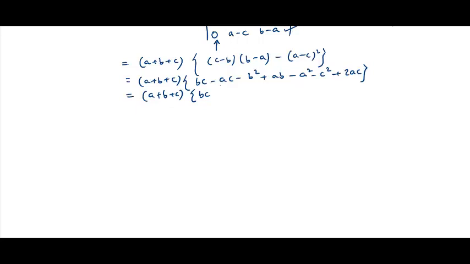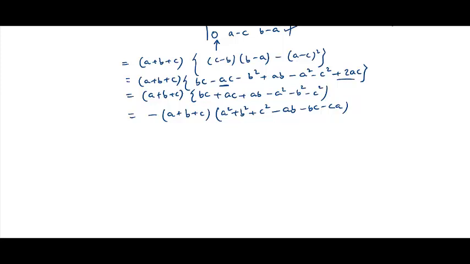Now you have this minus ac and plus 2ac, so we get plus ac plus ab minus a square minus b square minus c square, which is same as taking the minus common, a plus b plus c times a square plus b square plus c square minus ab minus bc minus ca. And now probably we are done, because this is nothing but the standard factorization that we talked about initially. So this gives you a cube plus b cube plus c cube minus 3abc, right? So that proves one of the parts.